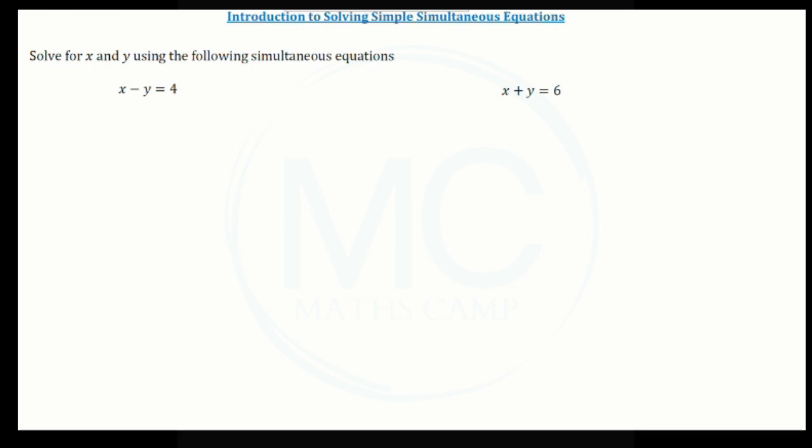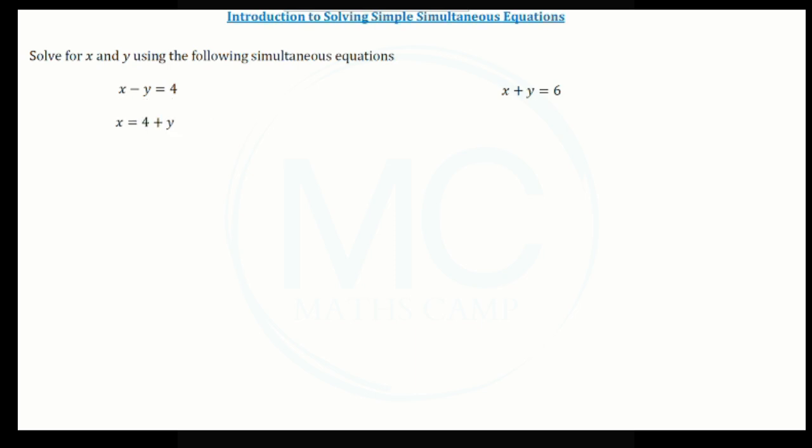Here we have x minus y is equal to 4 and x plus y is equal to 6. None of these terms have coefficients, so I'm going to use this x over here and make it the subject of this equation. So we say x is equal to 4, and we're going to move the negative y across and make it positive y.